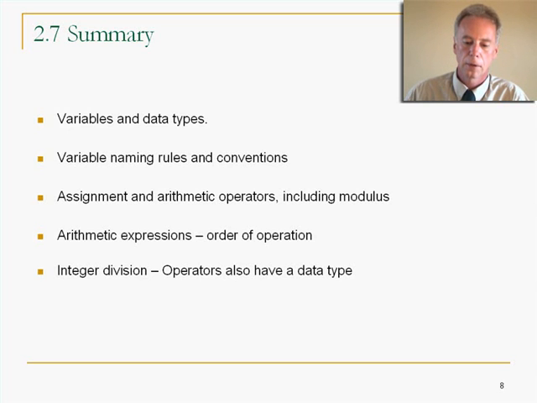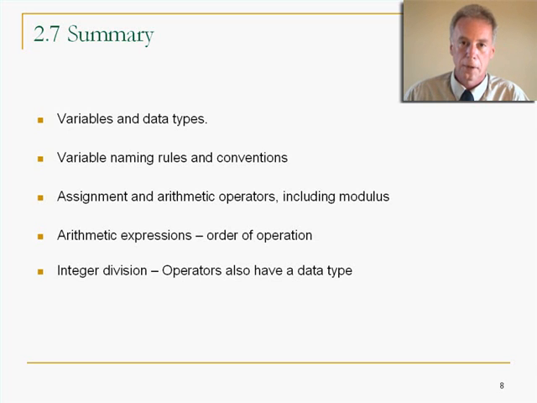And then we started looking at the operators. We saw the assignment operator, which looks like an equal sign, but we're going to pronounce it as gets. A gets B. And the arithmetic operators. There are 5 of them, including the modulus operator, which we looked at in some detail because it's not the same as in algebra.